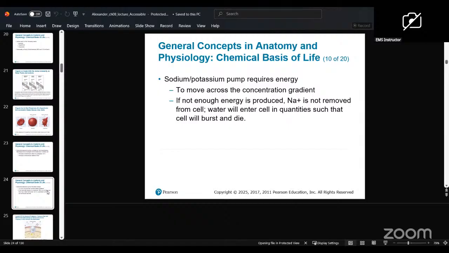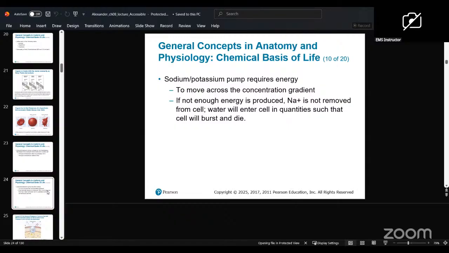One of the other things that we want to talk about when we talk sodium potassium pump is that the sodium potassium pump requires energy. We're going to talk about this needed energy here shortly, but it needs the energy to pretty much help shift or move across the concentration gradient. So our sodium potassium pump is responsible for properly moving the sodium and potassium around.